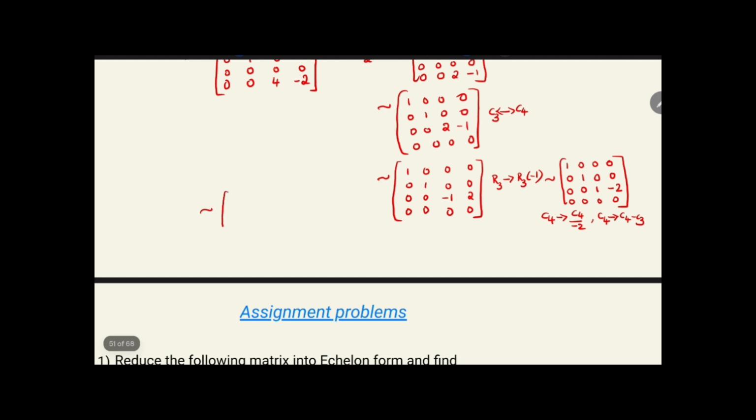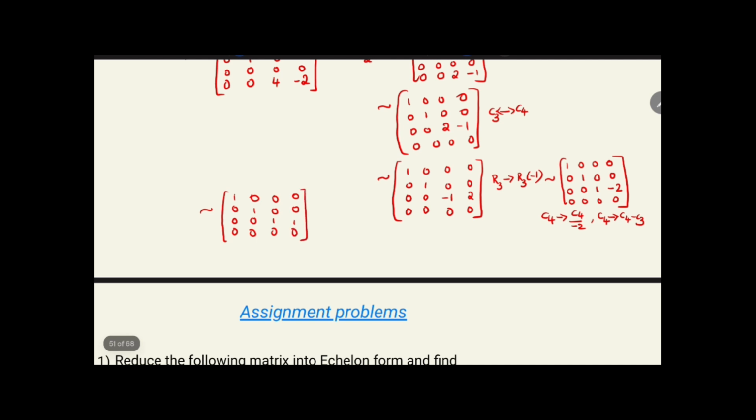how does the matrix look like? Okay, 1 0 0 0, first three columns remain the same, 0 1 0 0, 0 0 1 0. Okay, and 0 0, I'm dividing this column by -2, so it will become 1 and 0.